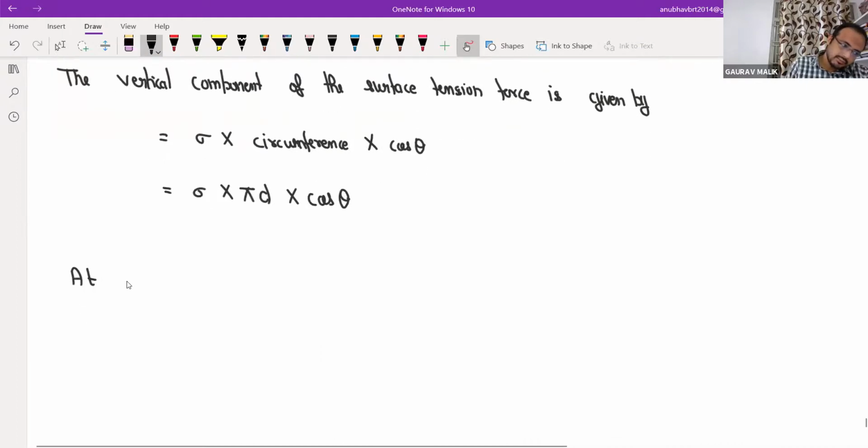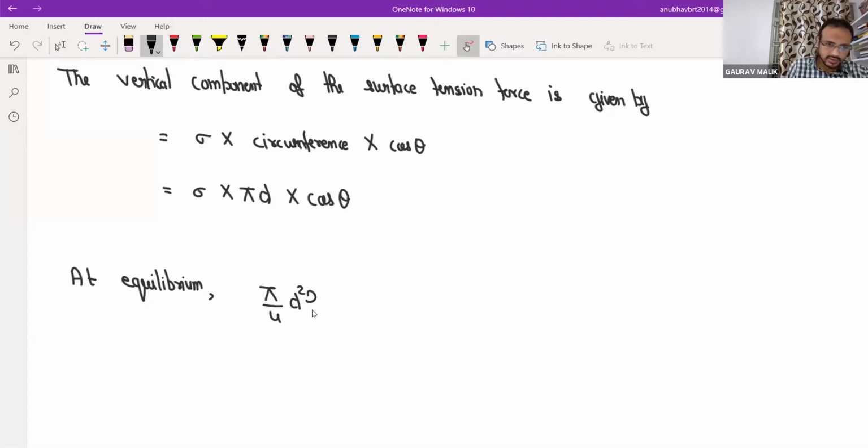and at equilibrium pi by 4 d square h rho into g is equal to sigma pi d cos theta. Pi and pi will cancel out, one d and one d will cancel out.